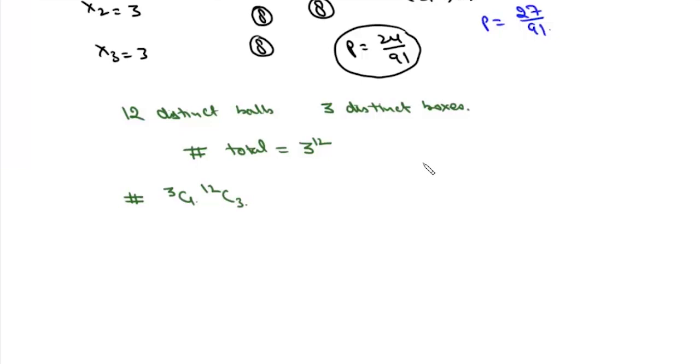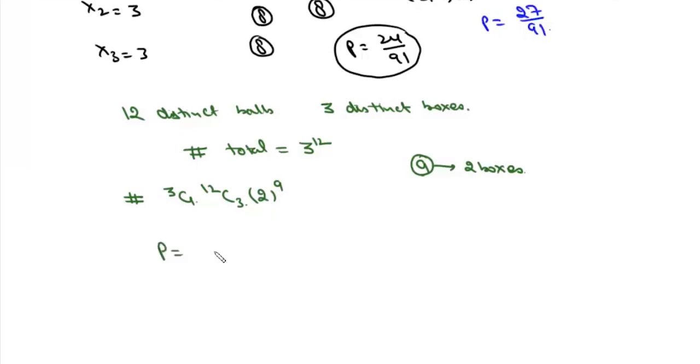Now we are left with 9 balls and 2 boxes. These 9 balls are to be distributed in these 2 boxes. If we consider the case when at least one of the boxes has 3 balls, then for each of the 9 balls we have 2 choices. So it can be distributed in the remaining 2 boxes in 2 to the power 9 ways.